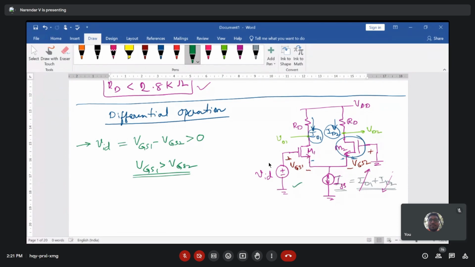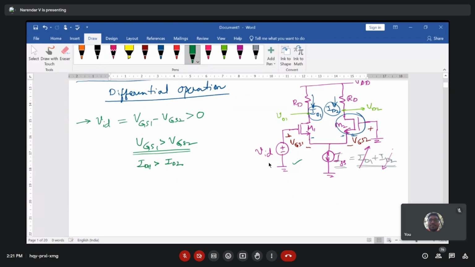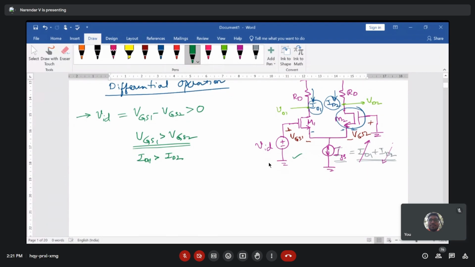As a result, you can write that ID1 should be greater than ID2. As ID1 increases, ID2 is going to decrease because VGS1 is higher in comparison with VGS2, but the net value of your ISS remains the same.